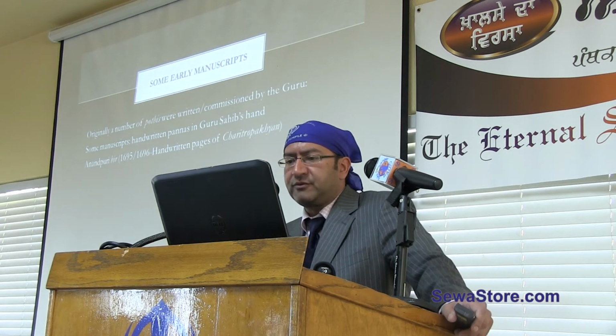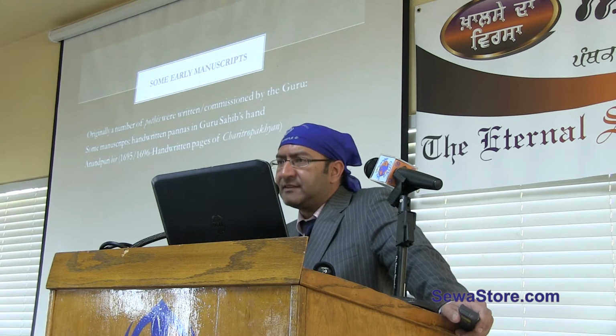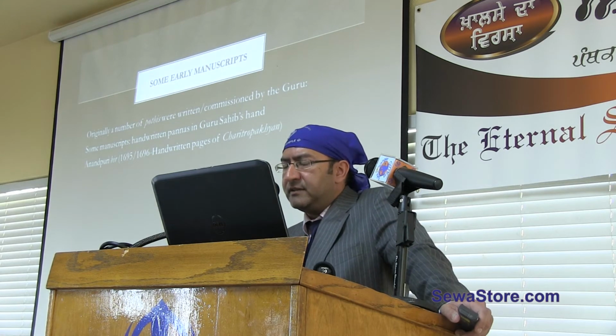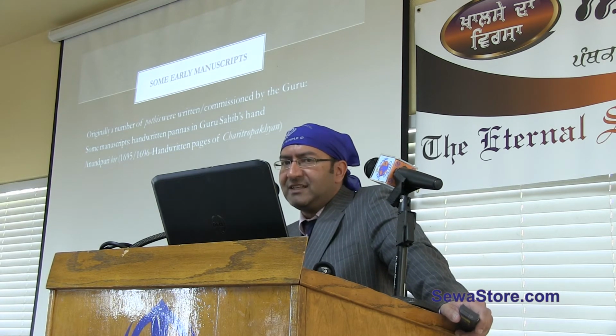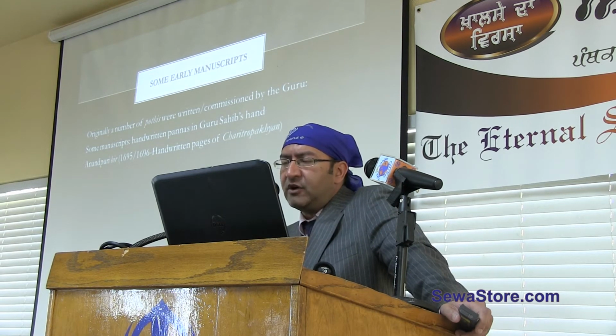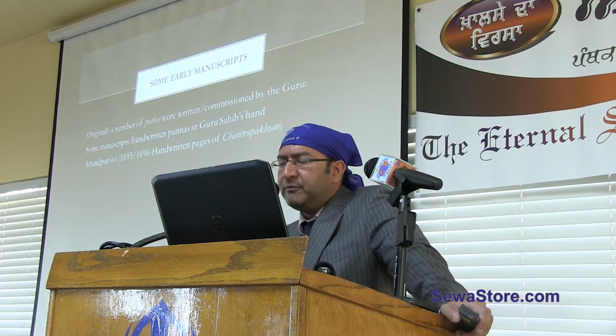There are some manuscripts with handwritten panne or pages in Guru Sahib's hand itself. One of the original manuscripts is referred to as the Anandpuri Bir, dated 1695-1696. This saroop contains the handwritten pages of Guru Gobind Singh of Charitropakhyan. Very important this is.